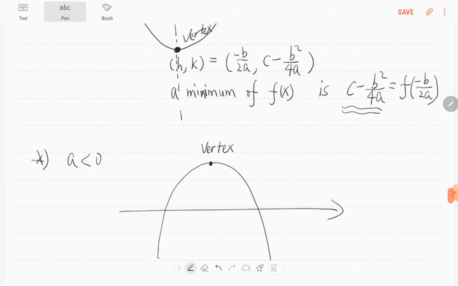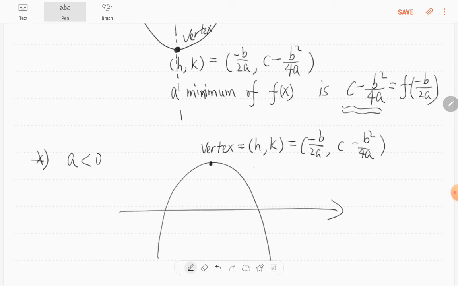The vertex is still (h, k), the same formula. But you can see if a is less than 0, the vertex would be the highest point on the graph.